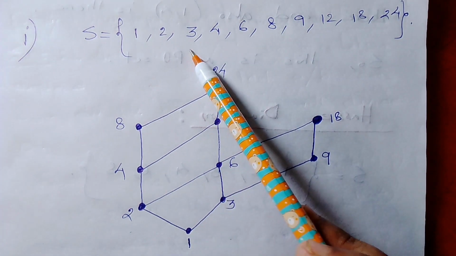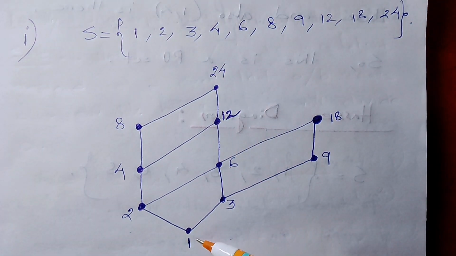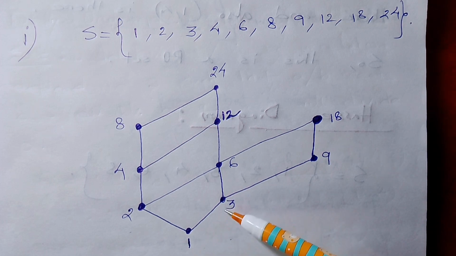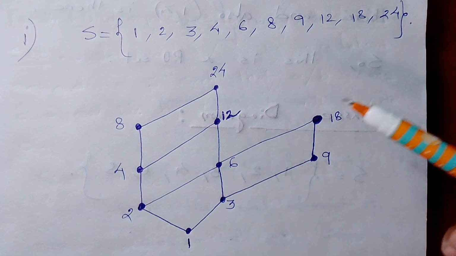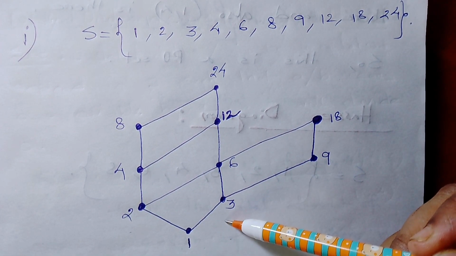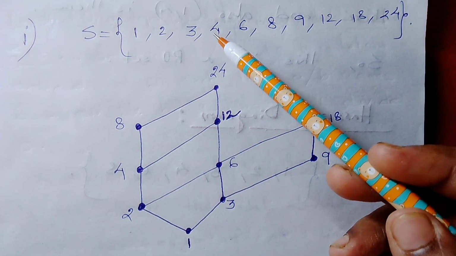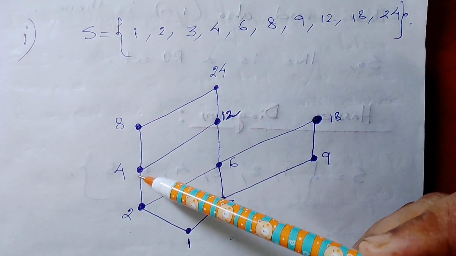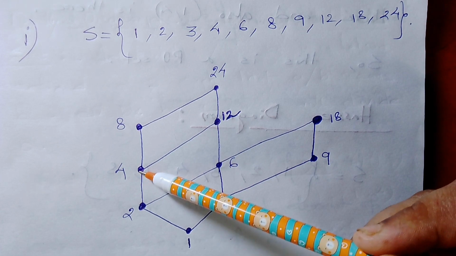Then the next element is 3, and we will draw the vertex 3, and we will join these two vertices to show the relation, that 1 divides 3. Then the next element is 4. So we will draw the vertex 4.